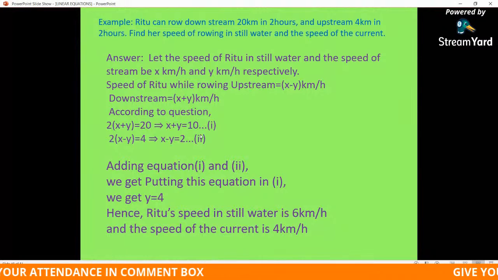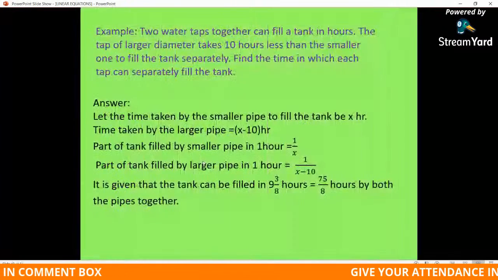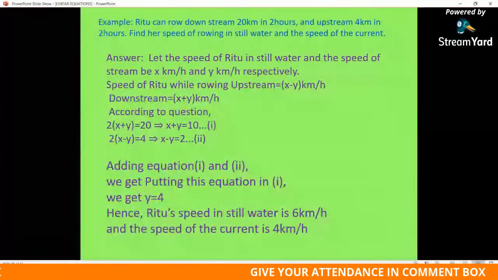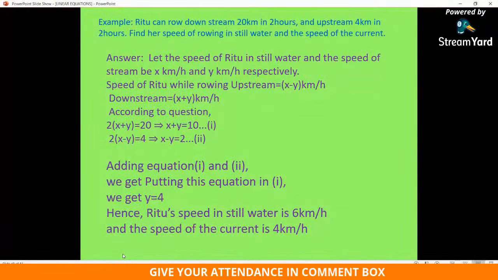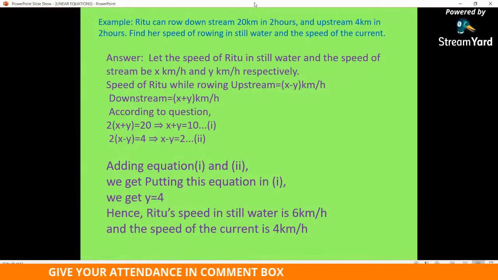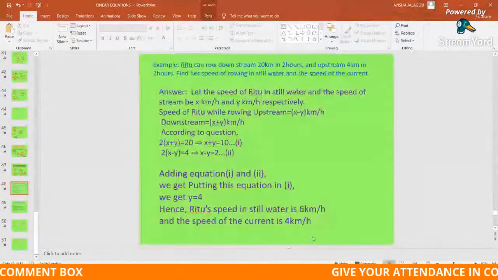Then in the flowing water, to solve this question, we are going to assume. What are you going to assume? Just see here.